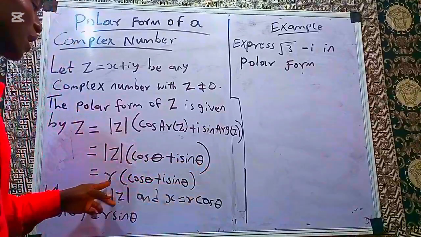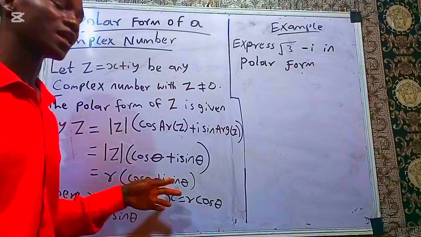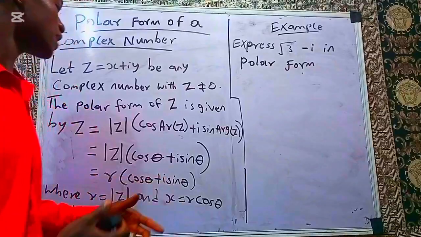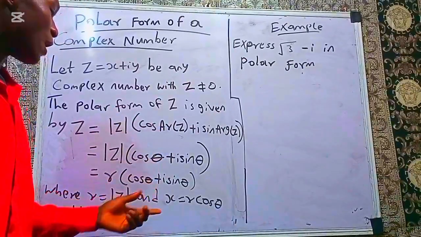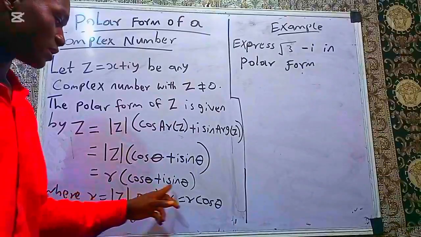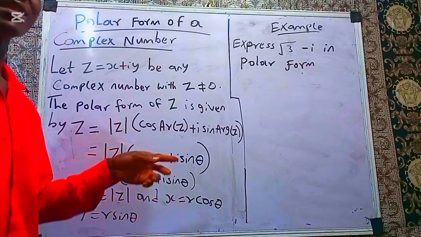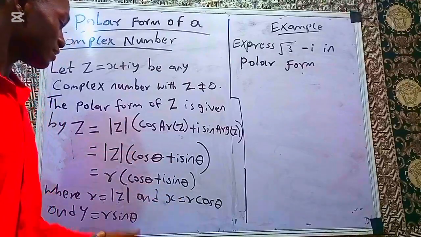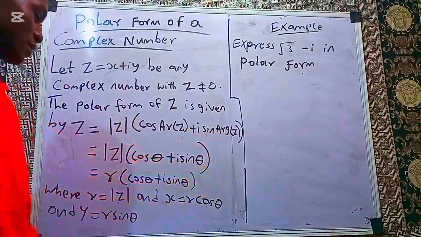This is equal to r into cos theta plus i sin theta. Now why I wrote this is for you to know that this theta we are using here is the principal argument. I would have just gone straight and written this, but that's why I wrote this in first.